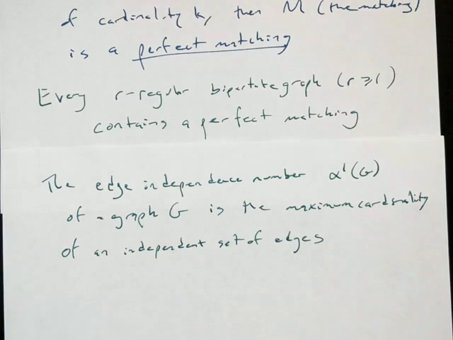If my graph contains a maximum matching, then alpha prime is the size of that maximum matching.